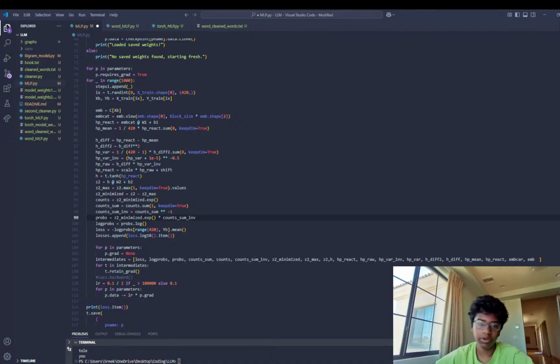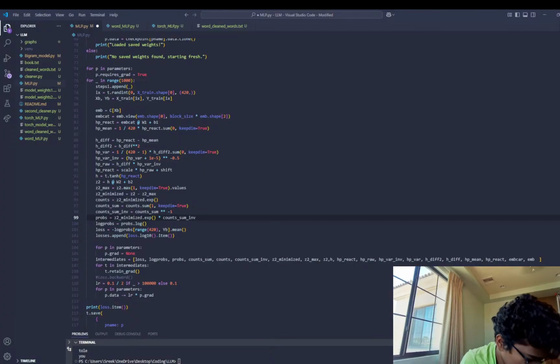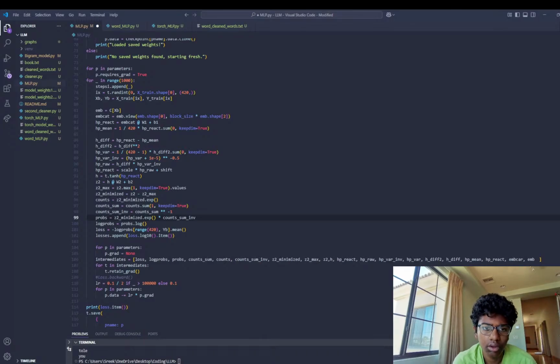So the loss as an expression, these are all going to be zero except for the correct one.